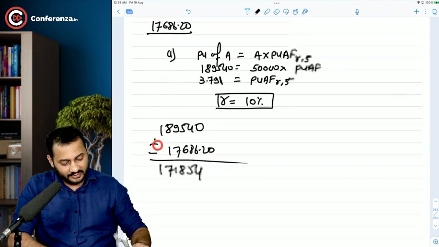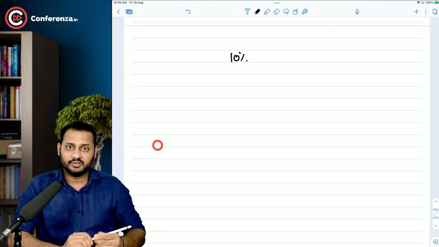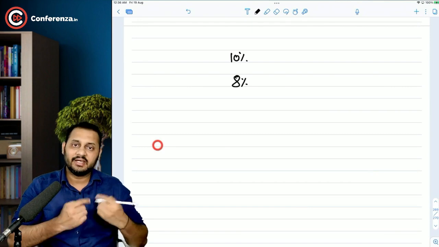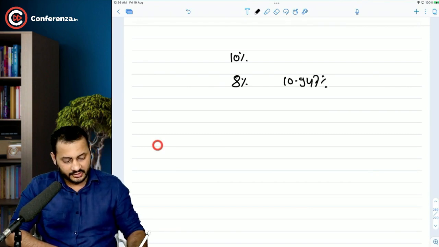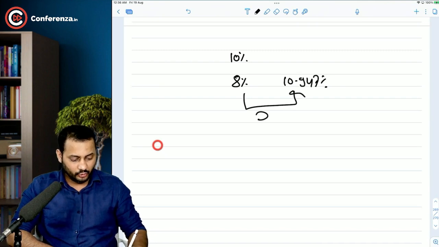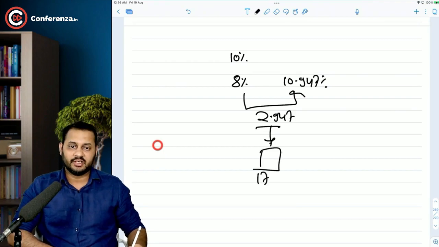So practically this is happening. Right now you are paying 10%. The new interest rate looks like 8%, but it is actually 10.947%. And the difference of 2.947 is all because of those two charges, 17,000 total.